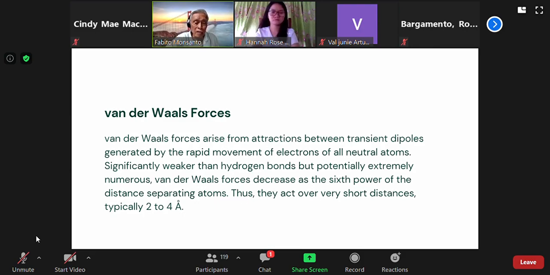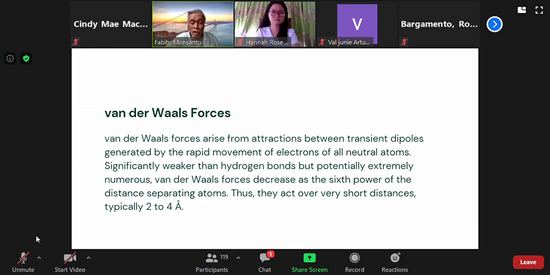Significantly weaker than hydrogen bonds, but extremely numerous. However, as the distance increases between two molecules, the power to attract each other is diminished.